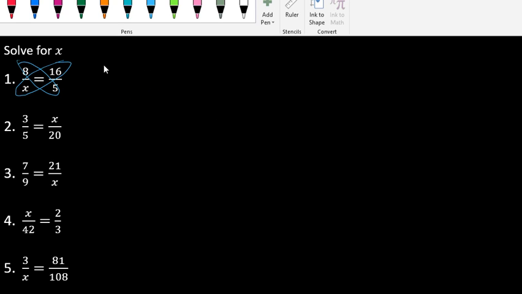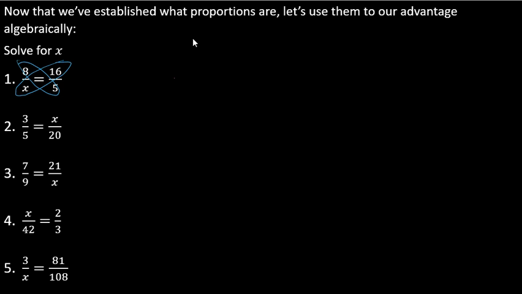Okay, so let's try number 2. Let's solve for x here. So 3 times 20 is 60. 5 times x is 5x. Divide by 5 on both sides. 60 divided by 5 gives us 12, and that is what our x is.